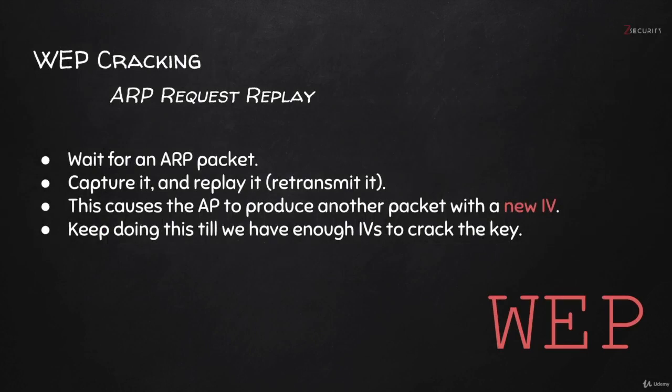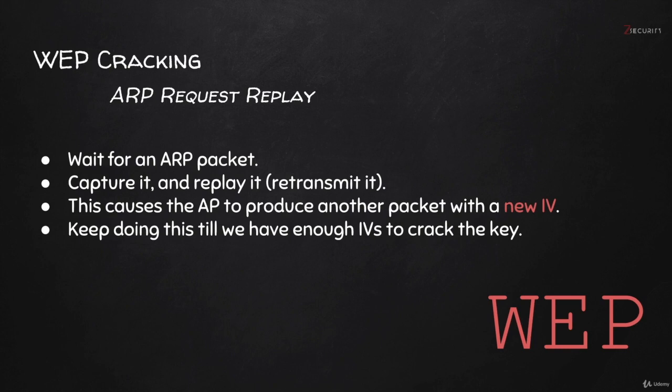So the idea behind this method is to wait for an ARP packet, and I'll talk about ARP in more details later on. So for now, just think of it as a special type of packet that we're going to be waiting on. Once this packet is sent in the network, we're going to capture it and retransmit it. Once we do this, the router is forced to generate a new packet with a new IV.